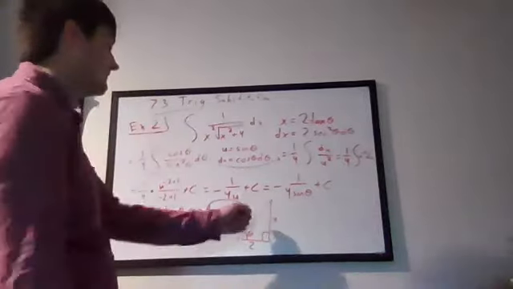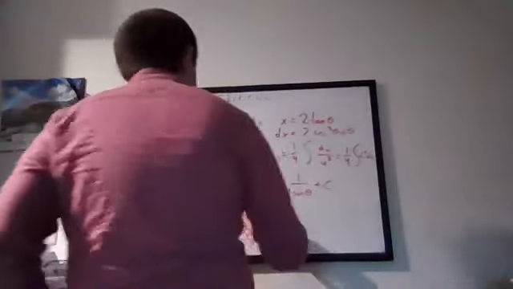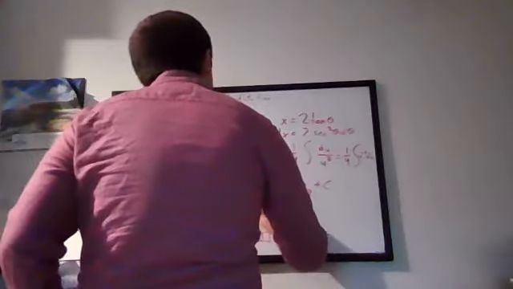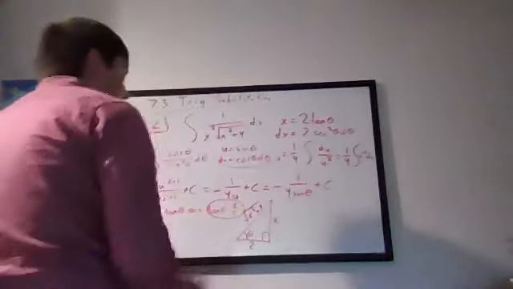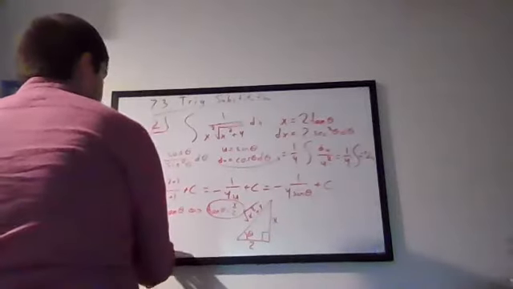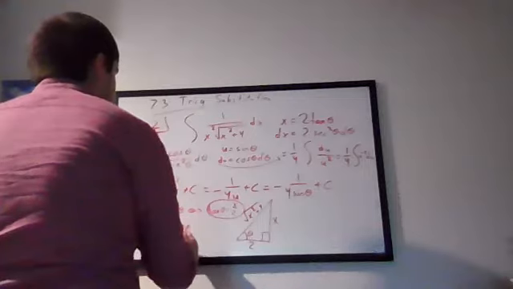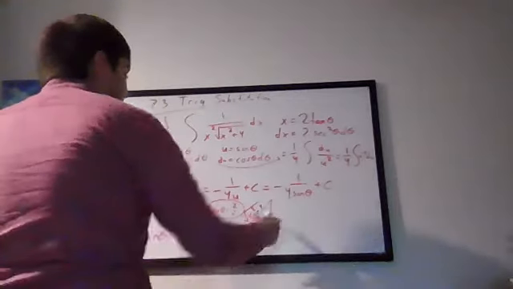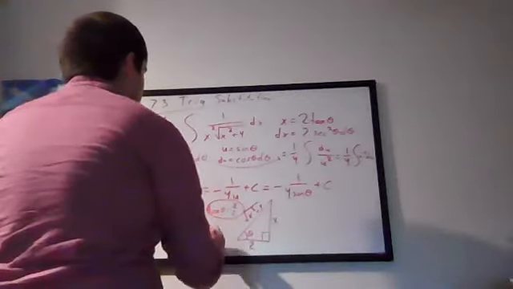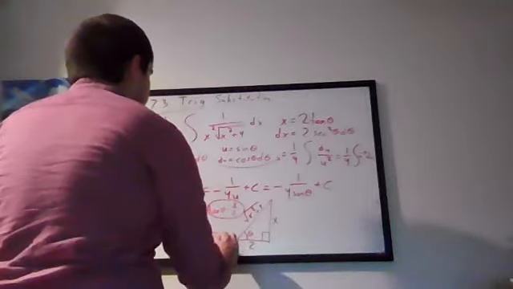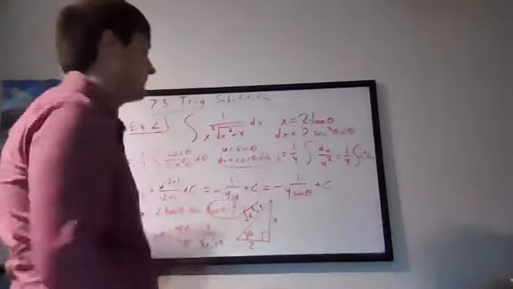Using the Pythagorean theorem, we can get the hypotenuse, which is going to be the square root of x squared plus 4. And then the sine of this triangle is opposite over hypotenuse, which is going to be x over the square root of x squared plus 4 in this case. I'm going to take that and plug it in.